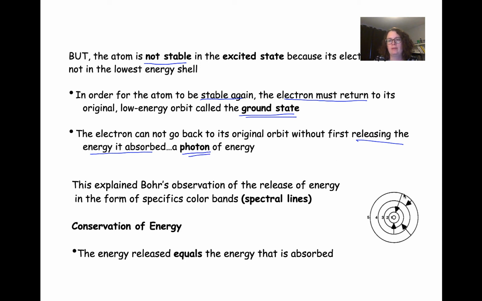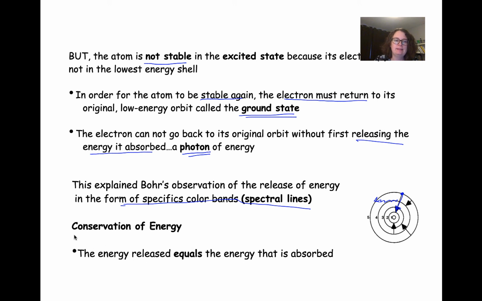So as we're going from a high energy orbital to a lower energy orbital, we're going to emit light. And that's going to be a very specific type of light and a very specific wavelength of light. And this helps us to really explain the specific color bands or spectral lines that we see in the emission spectra.